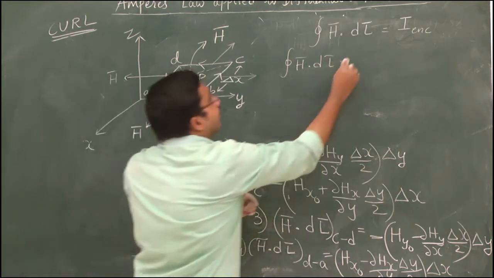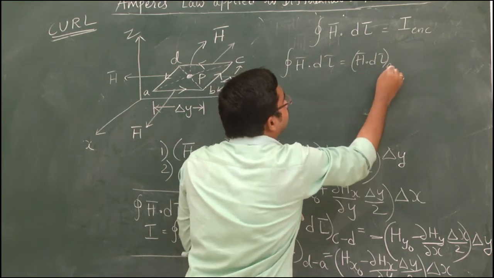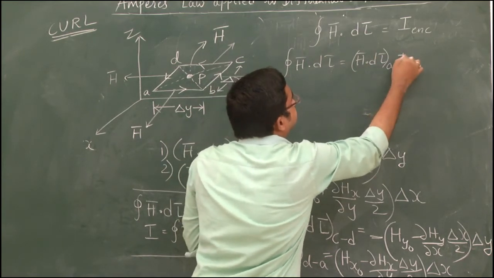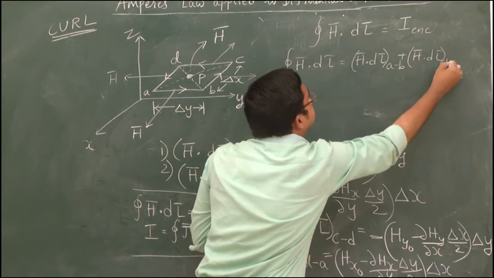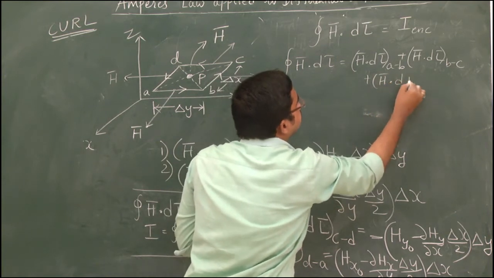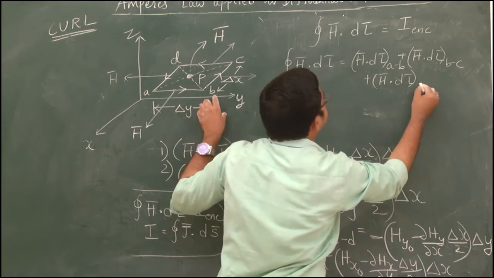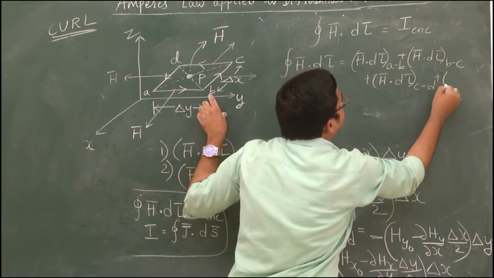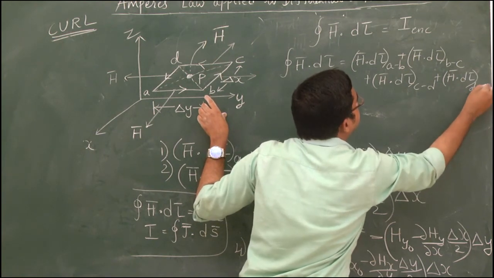That means h bar dot dl bar due to the path AB plus h bar dot dl bar due to the path BC plus h bar dot dl bar due to the path CD and h bar dot dl bar due to the path DA.